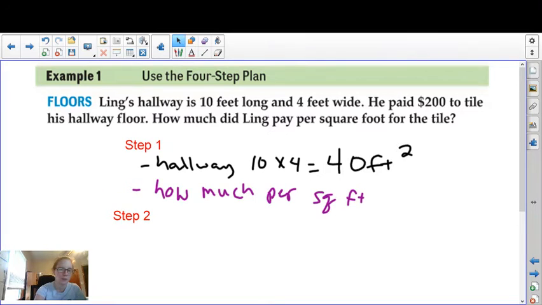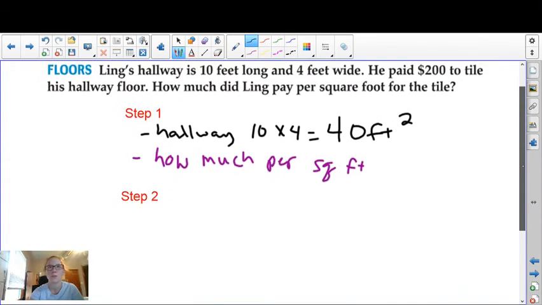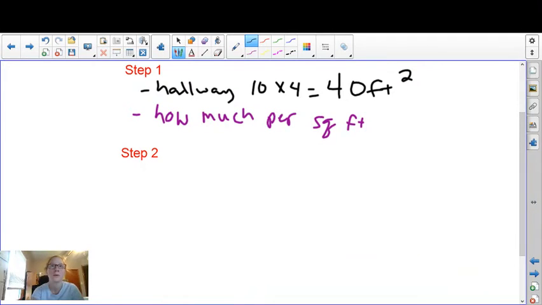Step 2, create that equation. We know that we're trying to find the cost per square foot. His total in the end was 200. That's how much he paid. And if you think about it, how do you determine the cost of something? Well, you take the cost per one times how many you bought of it.